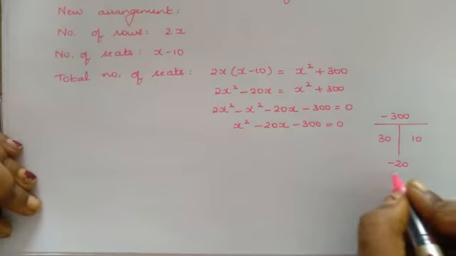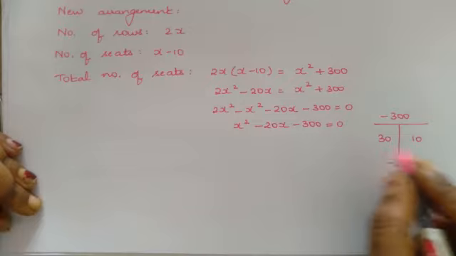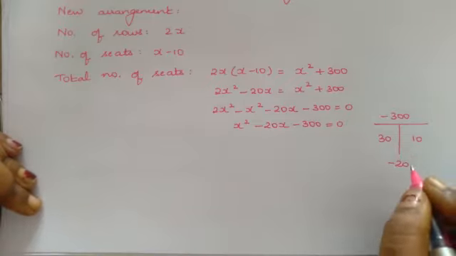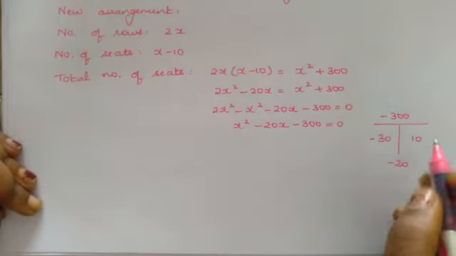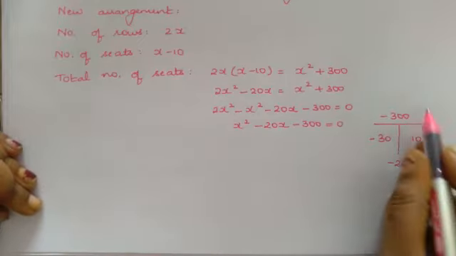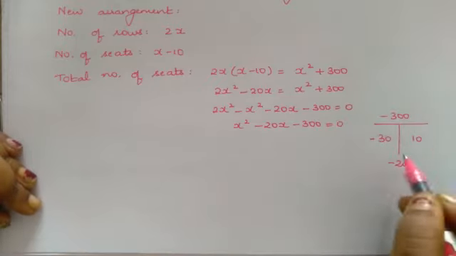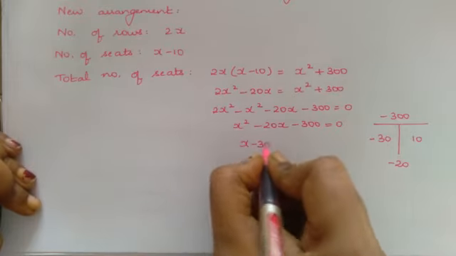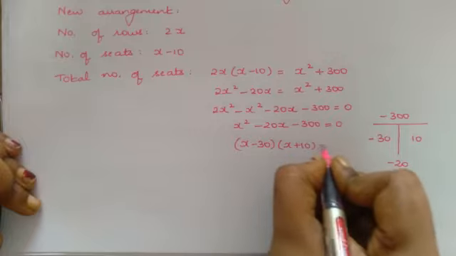We want minus 20 here, which is possible when we subtract two numbers. We give the greater number the negative sign. So it should be minus 30 and plus 10. Minus 30 into 10 is minus 300, and minus 30 plus 10 is minus 20. So the factors will be x minus 30 and x plus 10 equal to 0.